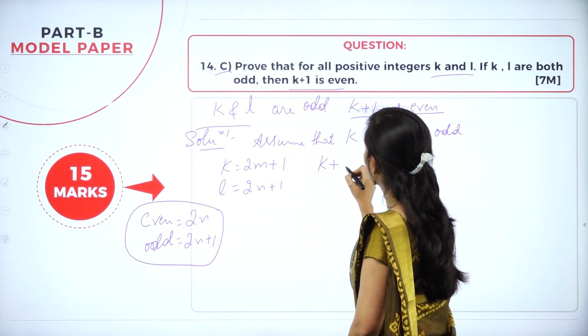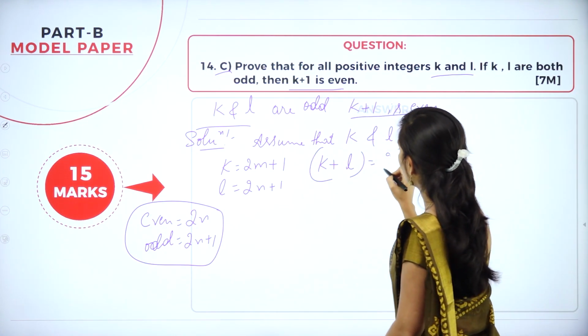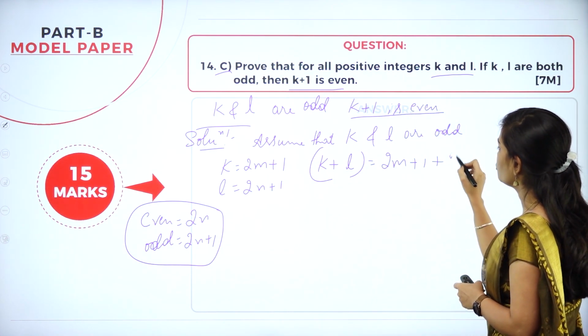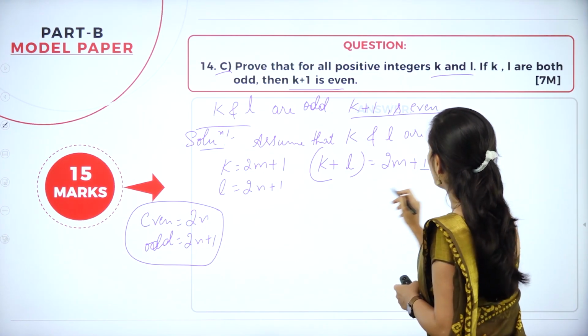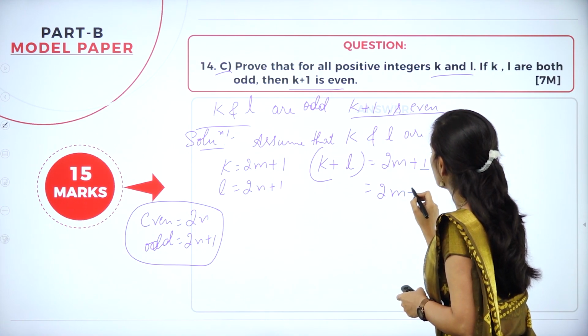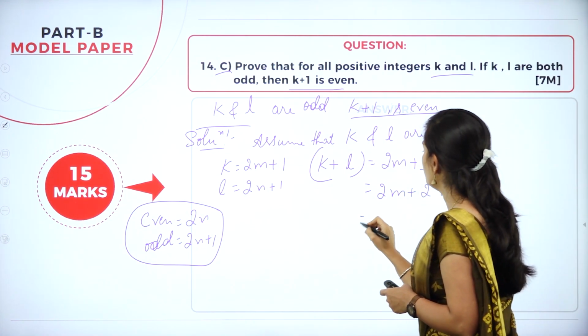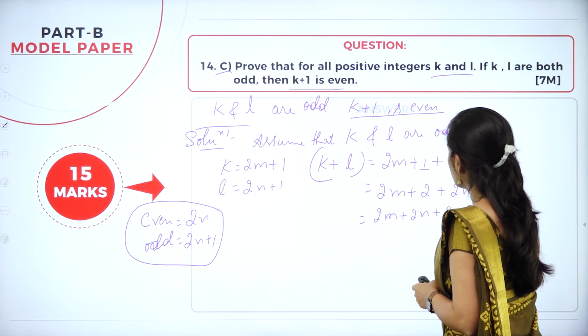So I'll take this k plus l. What is the value of k? k is equal to 2m plus 1, plus the l value 2n plus 1. So you can add these two values: 2m plus 2 plus 2n. Is it clear? Now rearrange this: 2m plus 2n plus 2.